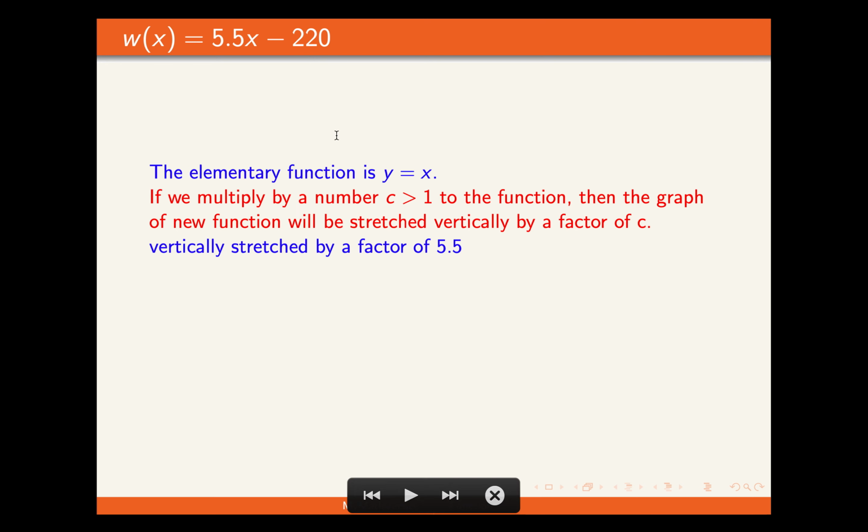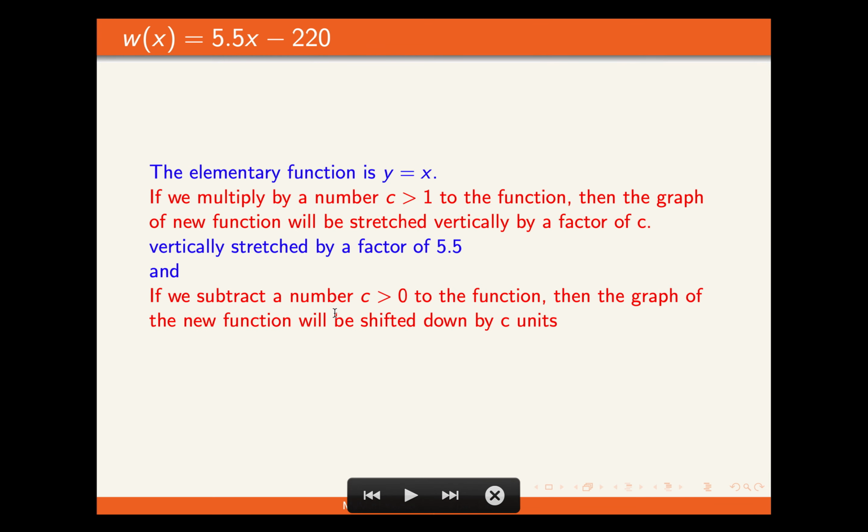Let's see what the extra thing is here. We have 5.5 times x, and 220 is subtracted from that. If we subtract a positive number from the function, the graph of the new function will be shifted down by c units. So whatever the graph of y equal to x, we vertically stretch by a factor of 5.5, and then we shift that down by 220 units.